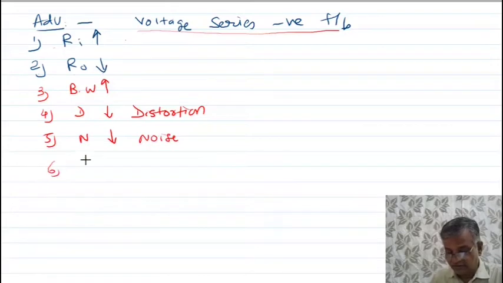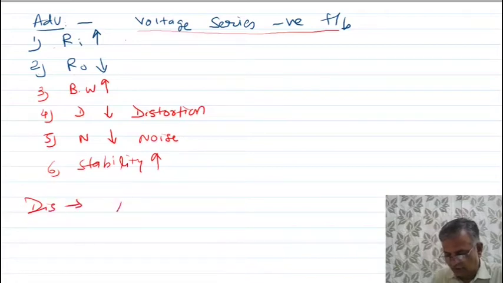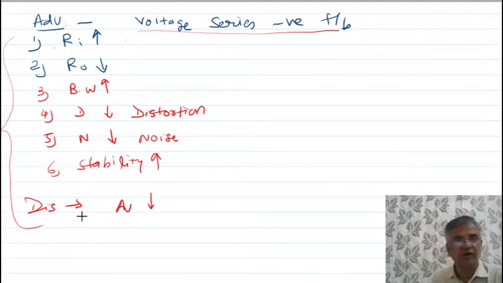And sixth, stability of the circuit increases. These are the advantages. So what is the disadvantage? The only disadvantage is that the gain of the amplifier decreases. This is what we are discussing for negative feedback.